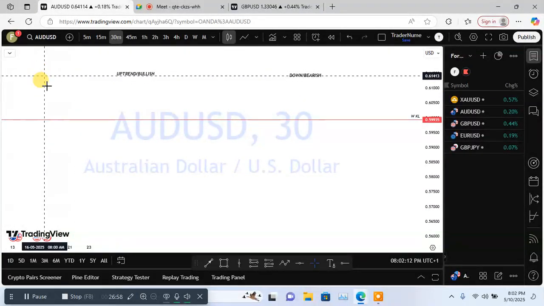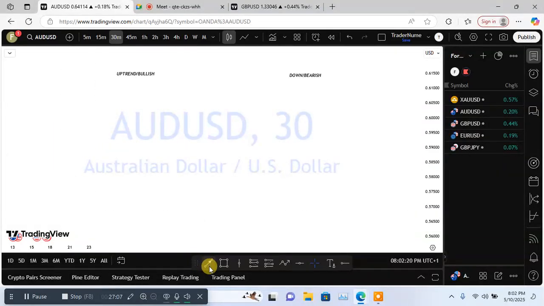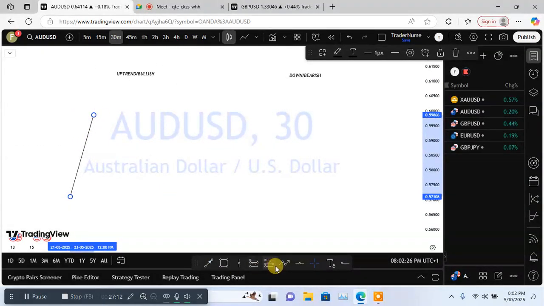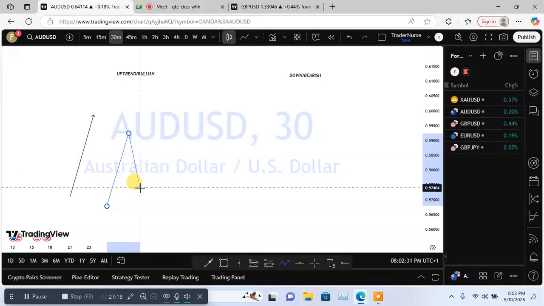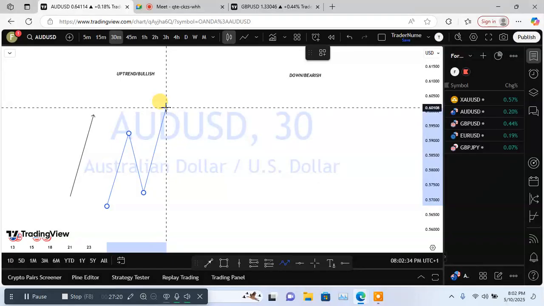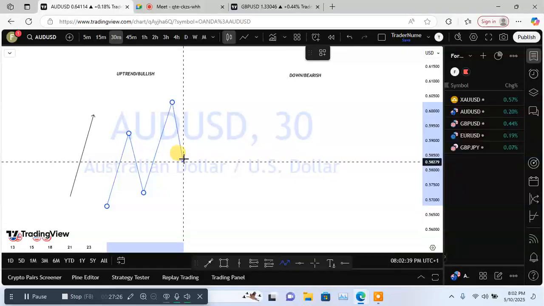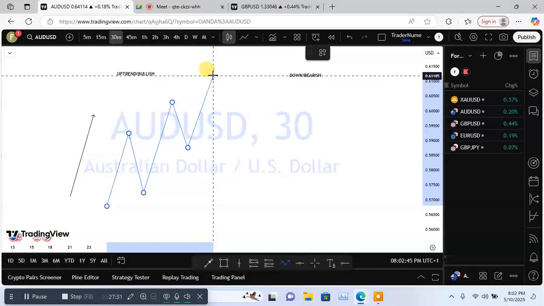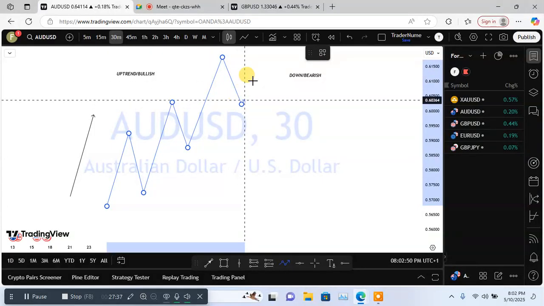So for the bullish trend, I will explain something to you now. When you see the market go up, come down, goes up, comes down, comes down, just like this.